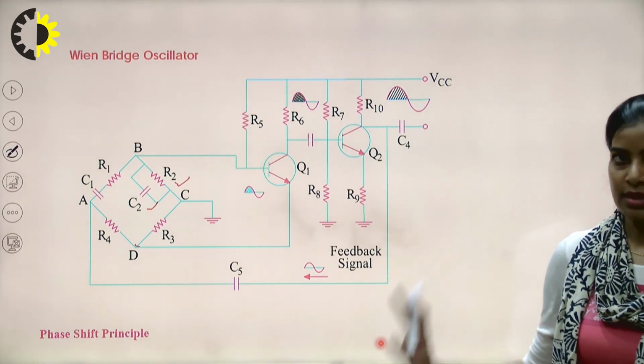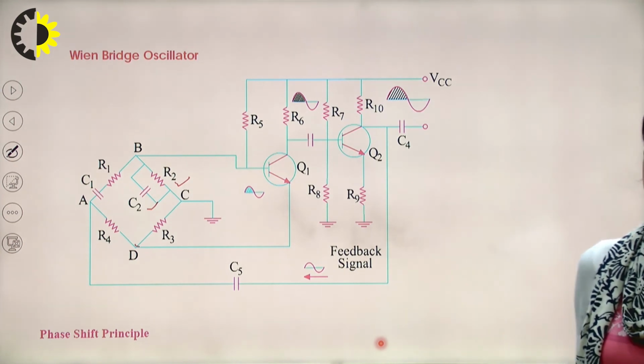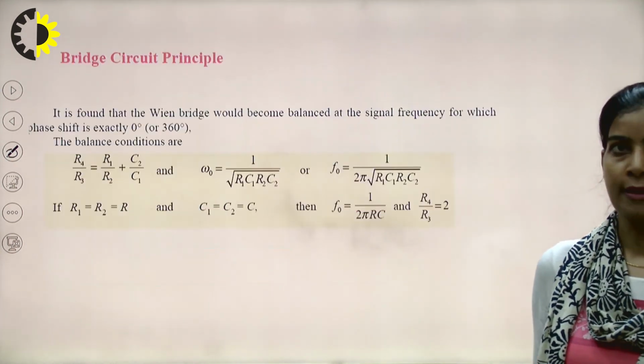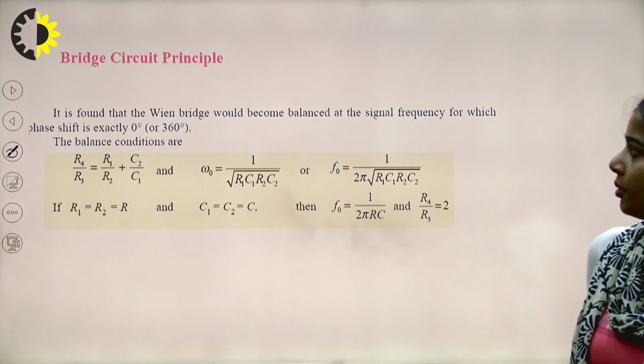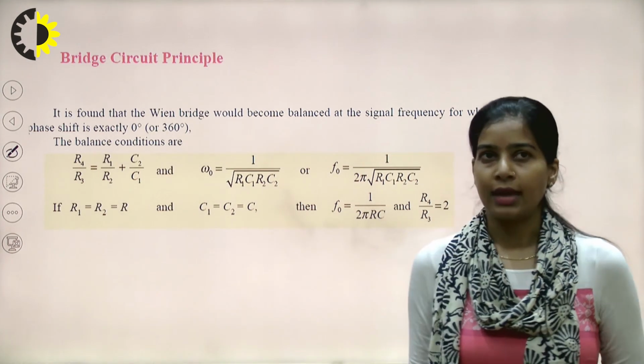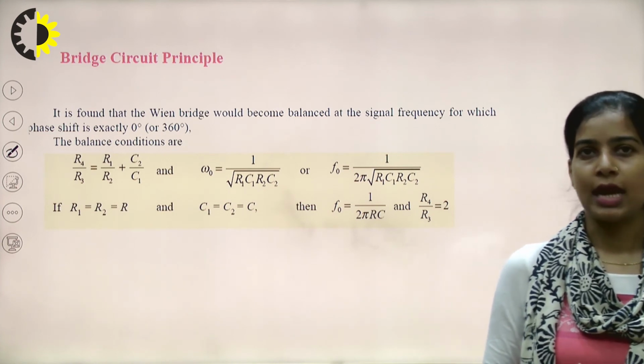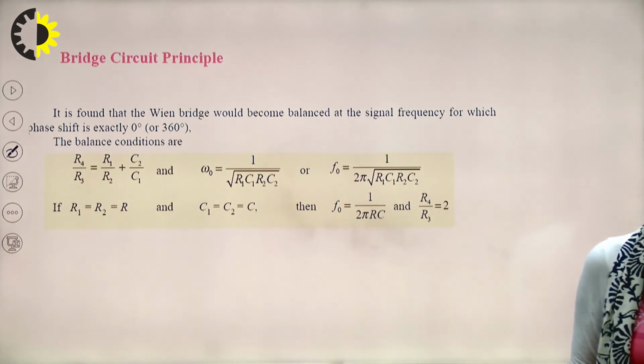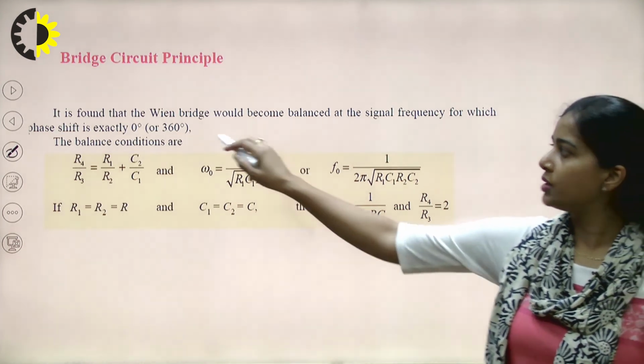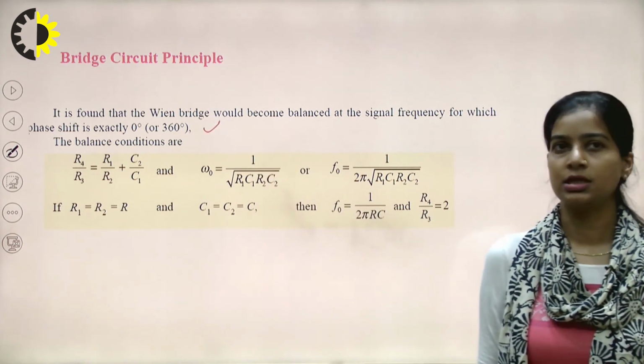That is the basic requirement for any oscillator circuit. By the bridge circuit principle, the Wien bridge becomes balanced at the signal frequency for which the phase shift is 0 degrees or 360 degrees.